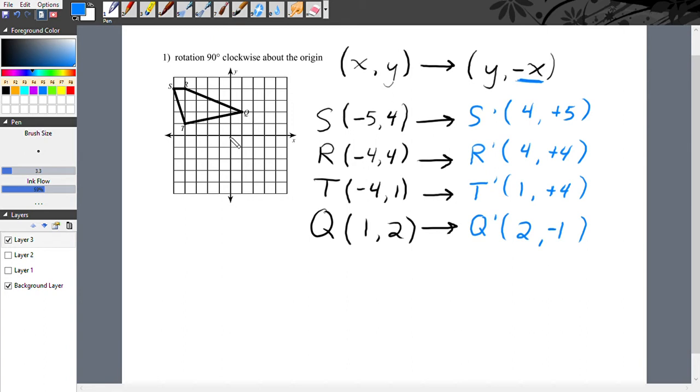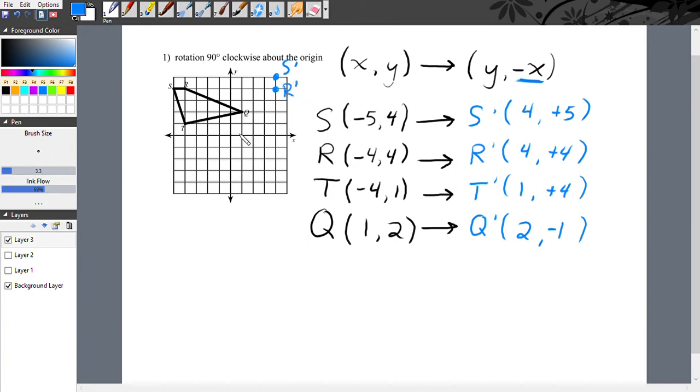Now I just need to plot those points. So I go 1, 2, 3, 4, and up 5 puts my S prime up here. R prime is at 4, 4, so that puts it right there, one below. So that's my R prime.